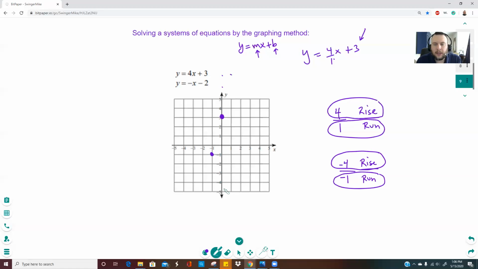And that's what slope means, right? Slope is just a ratio of the rise to the run. So if I go down 4, left 1, that's the same as going up 4 and right 1. That's how steep something is. Then you draw your line. I'm going to draw my line real quick. And there you go.